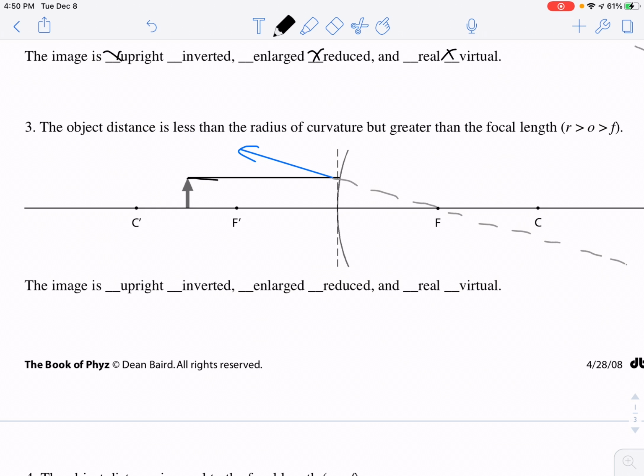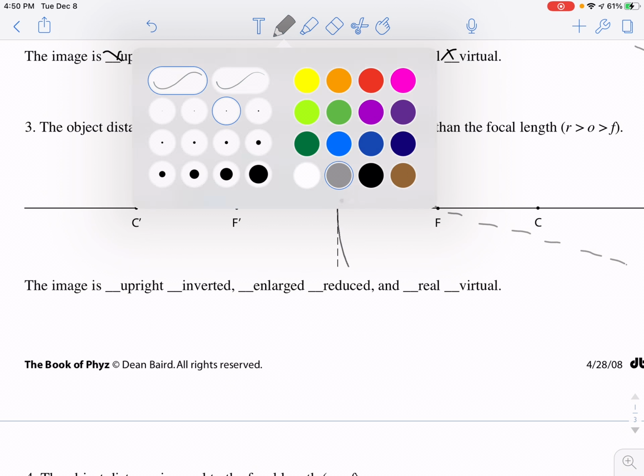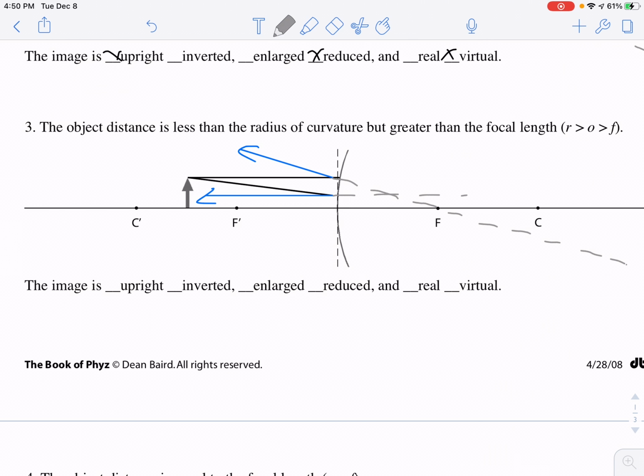Second ray tries to go through the focal point, tries, gets to the mirror, it's denied. Reflects parallel. We have an image that is upright, reduced, and virtual.